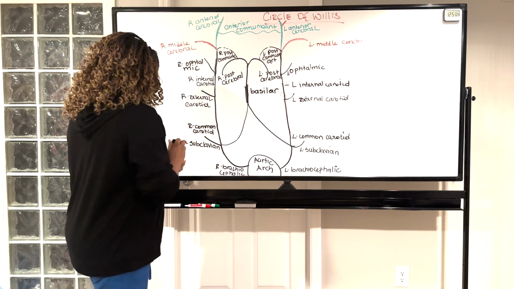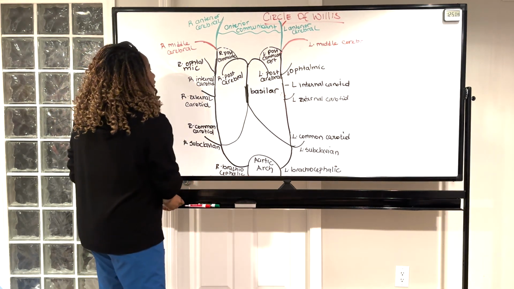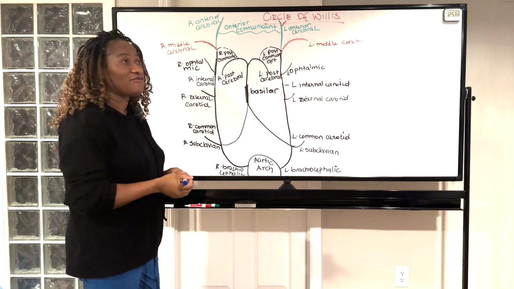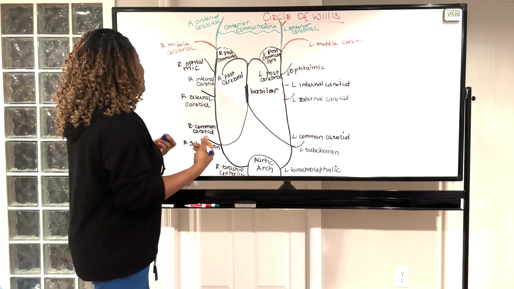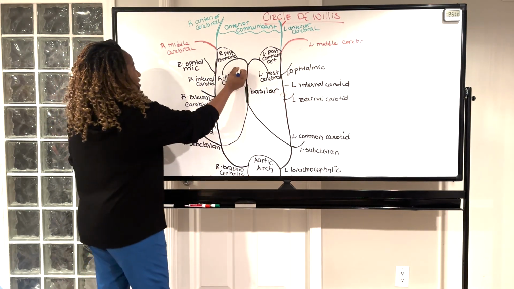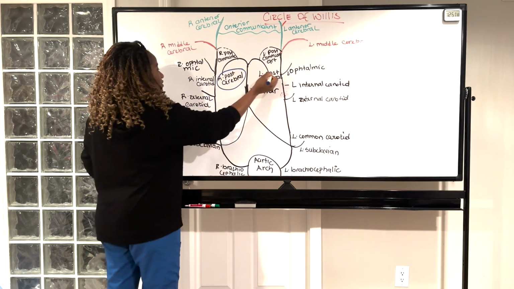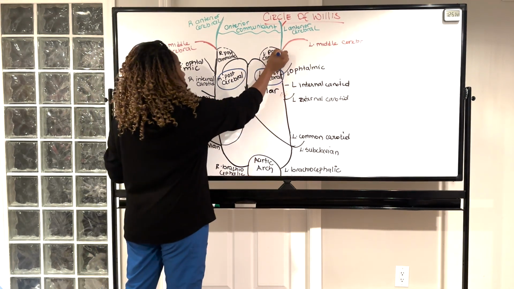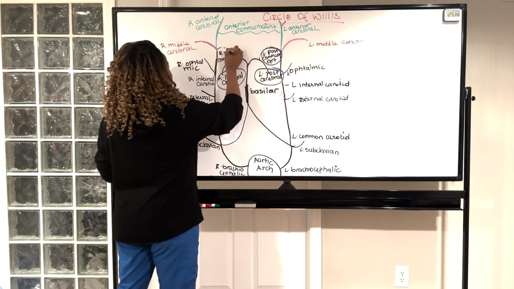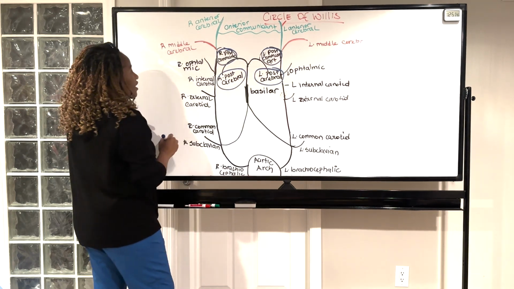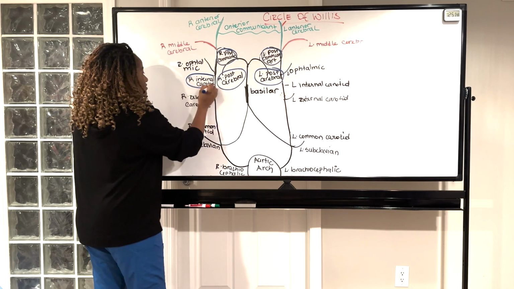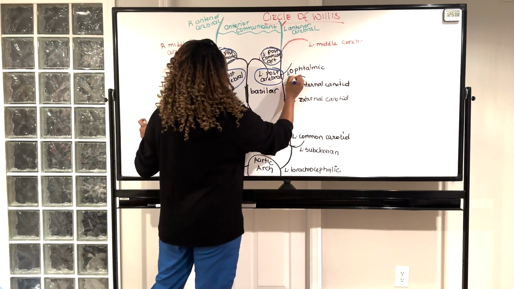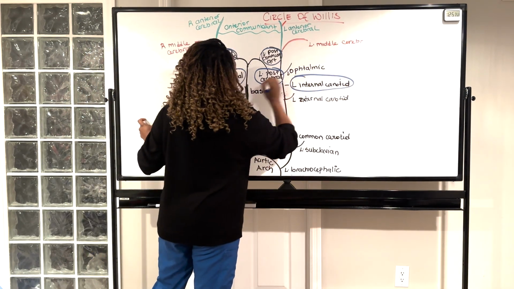So I'm going to go ahead and circle all the arteries involved in the Circle of Willis so we can see. So our posterior cerebral arteries are going to be involved with their communicant right here. Our internal carotid are going to be involved.